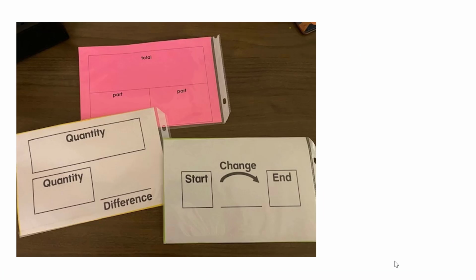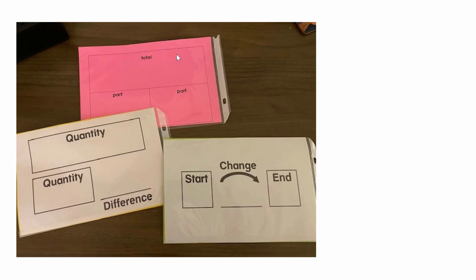And what about tools that allow that visualization of the situation type? In your Math Masters or even in the e-tools under the diagram tab, you will be able to find a variety of diagram charts that are ready to go.